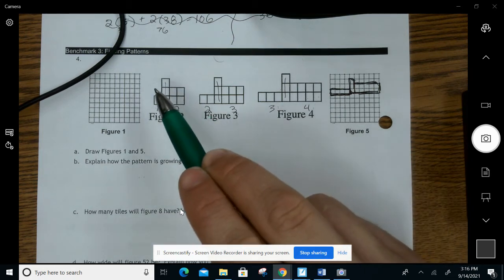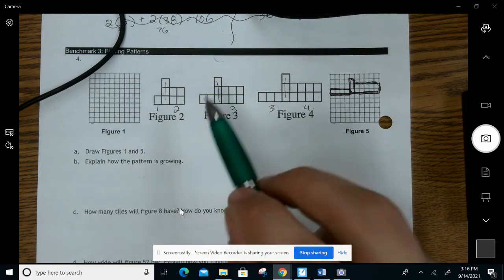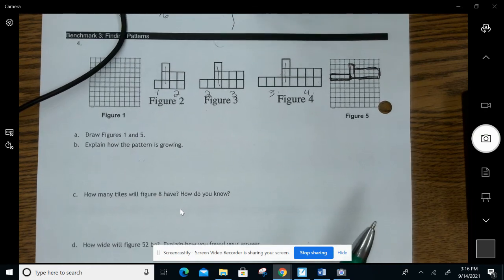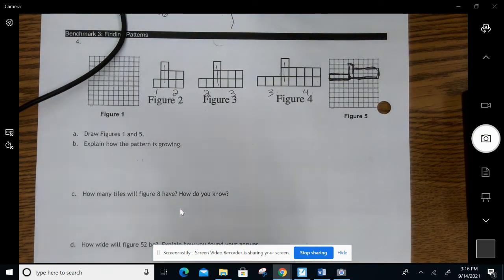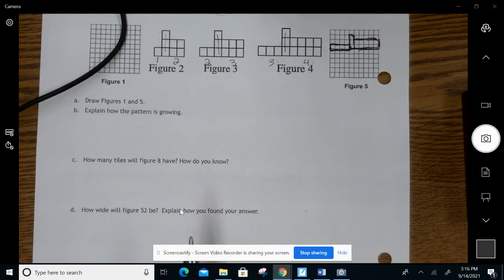So it's always adding 1 row on the left, 1 row on the right. The ones on the right have however many, and the ones on the left have however many, okay? So when you go to explain it, you have to cover every section. I have it in 1, 2, 3 sections. Just tell me about every section, okay?